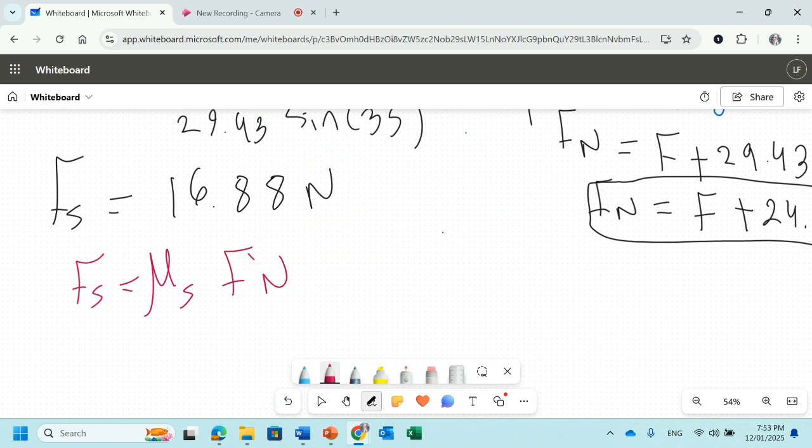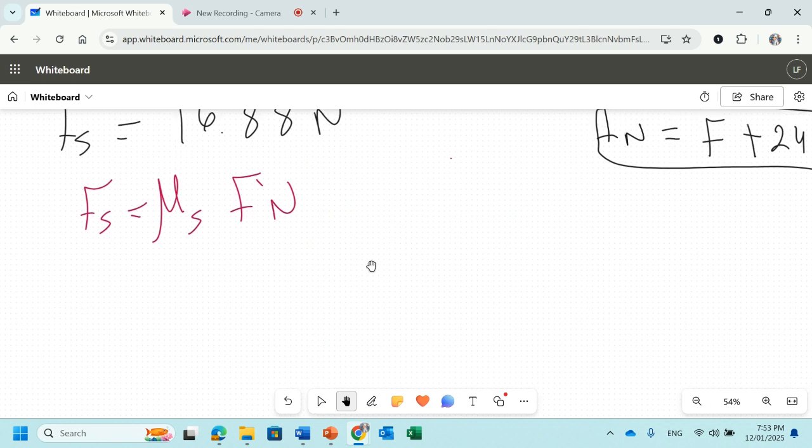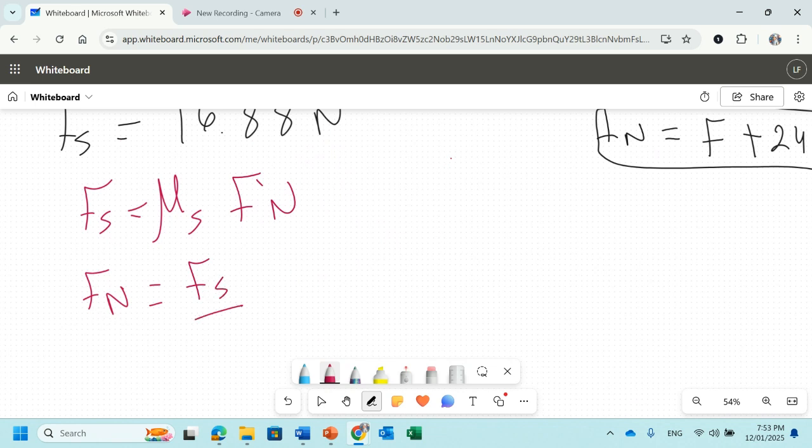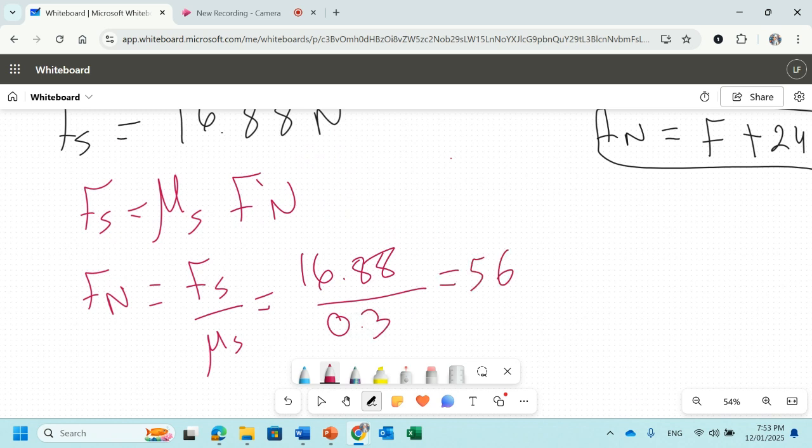So I can find Fn. Fn will equal Fs divided by mu s. Fs we've just calculated, which is 16.88 divided by mu s 0.3, and this will equal 56.27 in Newton.